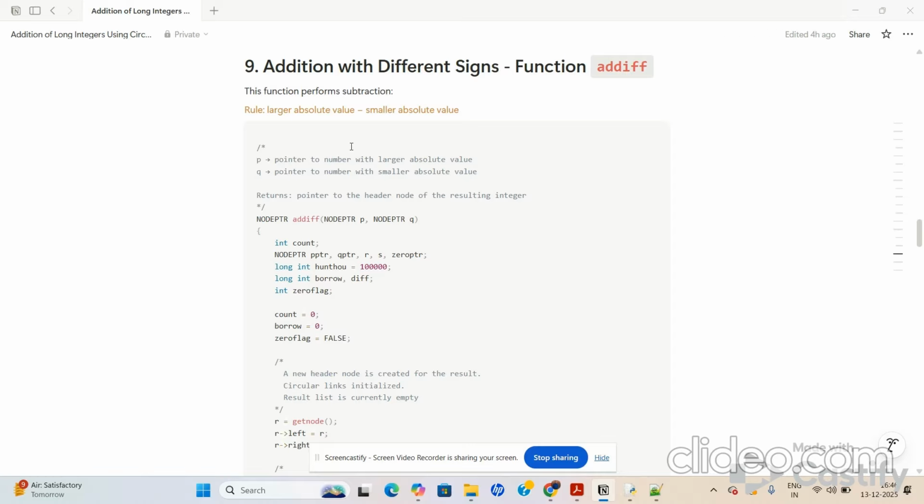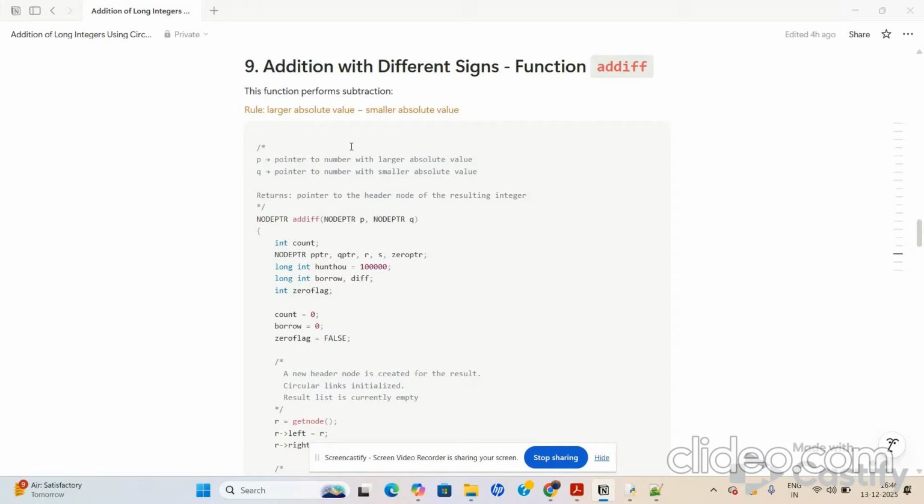So let's say both the numbers have different signs, meaning that one number has positive sign and another number has negative sign. In that case, how does the arithmetic happen? For that purpose, we write a function called addiff, and it takes two parameters, that is, pointer P and pointer Q. Pointer P points to the number with the larger absolute value and Q points to the number with the smaller absolute value.